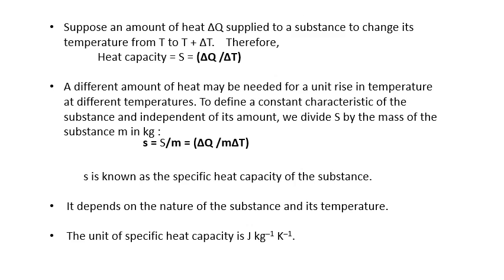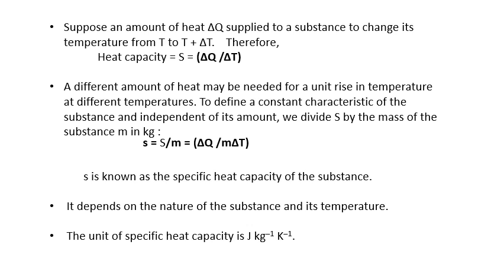Suppose an amount of heat delta Q is supplied to a substance to change its temperature from T to T plus delta T, then heat capacity S will be delta Q divided by delta T. A different amount of heat may be needed for a unit rise in temperature at different temperatures. To define a constant characteristic of the substance independent of its amount, we should divide S by the mass of the substance in kilograms.